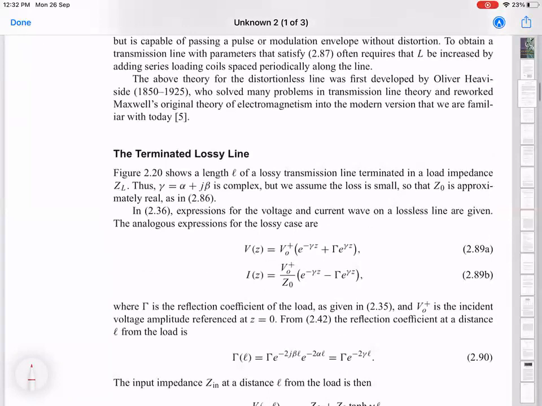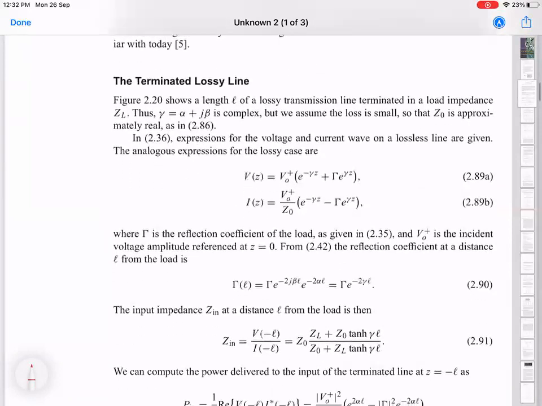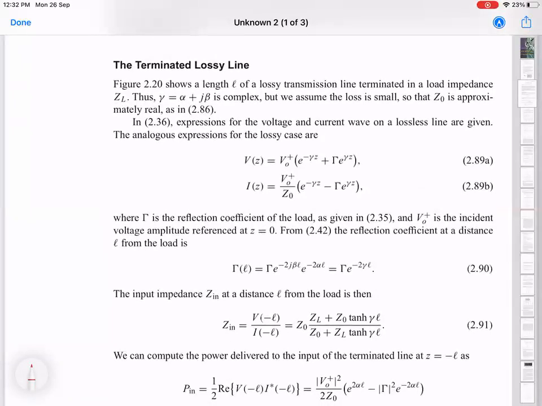So the next topic is about a terminated lossy line. This builds upon the concept we looked at last time, that if you have a load impedance and then you have a section of transmission line, then how that transmission line transforms that impedance.